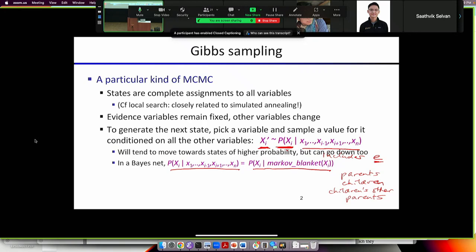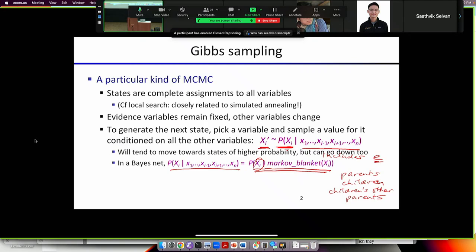So this Markov blanket satisfies this conditional independence assumption that given the Markov blanket, xi, the variable you're sampling, is independent of all the other variables in the Bayes net, given the value of the Markov blanket. So what does that mean? Well, why is that a good thing?